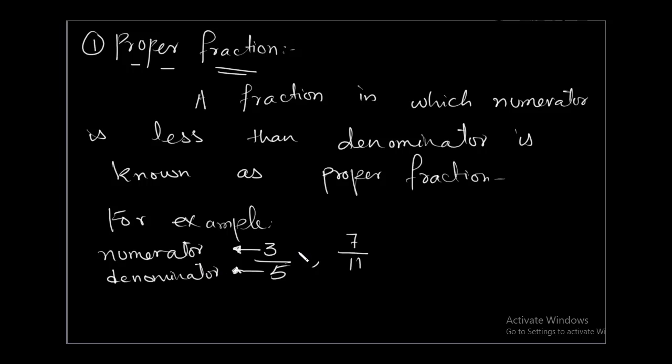Here it is clearly seen that 3 is less than 5, so by definition it is a proper fraction. In the second example, 7 by 11, 7 is less than 11, so these are called proper fractions.